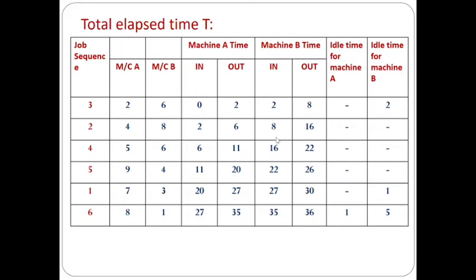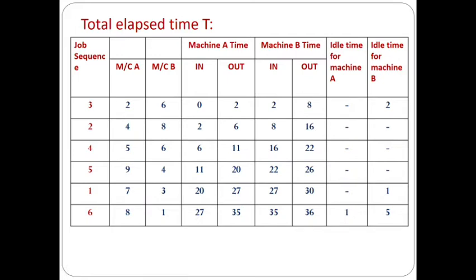So what we have to do is consider these two numbers, the time out on machine B and the time out on machine A for the particular job, and whichever is maximum should be the time in for the particular job on the second machine, correct? So the time in will be 8, then the time out will be 8 plus 8, which is 16, correct?